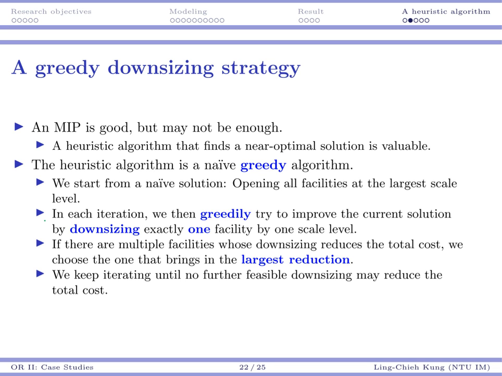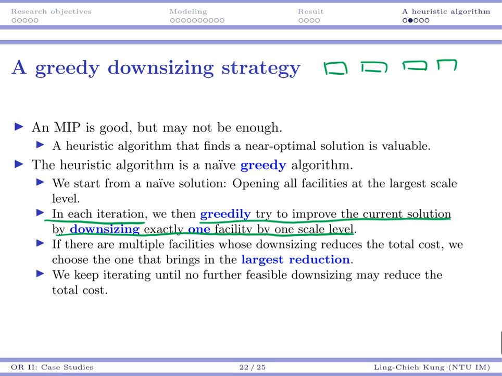So then we run several iterations. In each iteration, we greedily try to improve the current solution by choosing one facility to do one level of downsizing. So for example, suppose we have 5 facilities, and for each facility we have 3 scales to choose from.